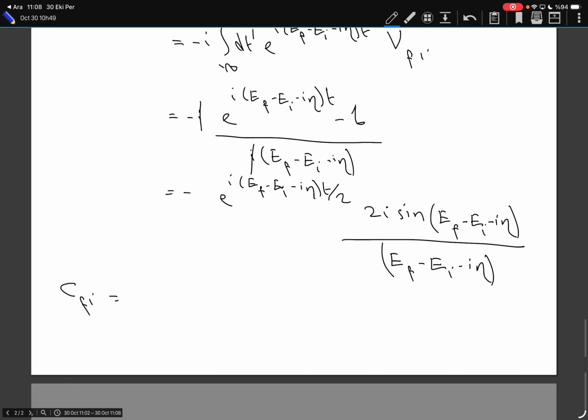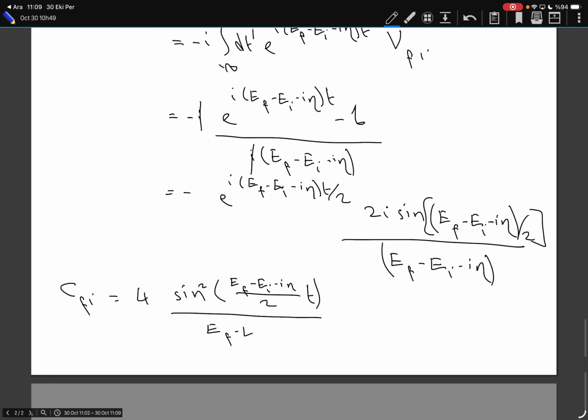Just the absolute square of this: 4 sine squared of omega t over 2, divided by omega squared.